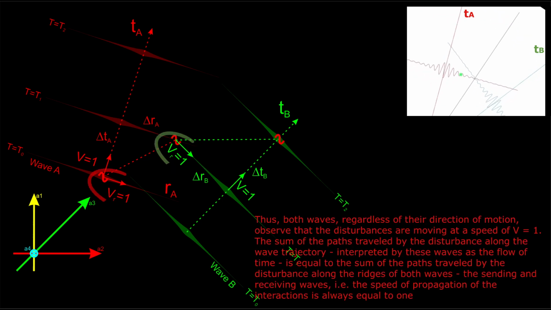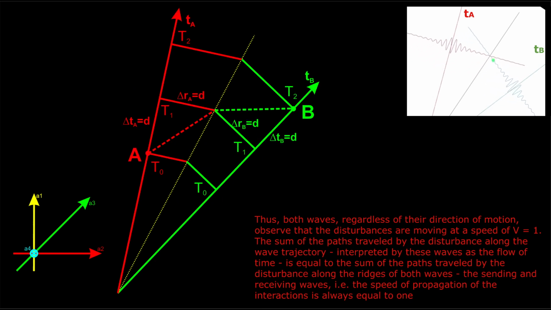Thus, both waves, regardless of their direction of motion, observe that the disturbances are moving at the speed of 1. The sum of the paths traveled by the disturbance along the wave trajectory, interpreted by these waves as the flow of time, is equal to the sum of the paths traveled by the disturbance along the ridges of both waves, the sending and the receiving waves, i.e. the speed of propagation of the interactions is always equal to 1.